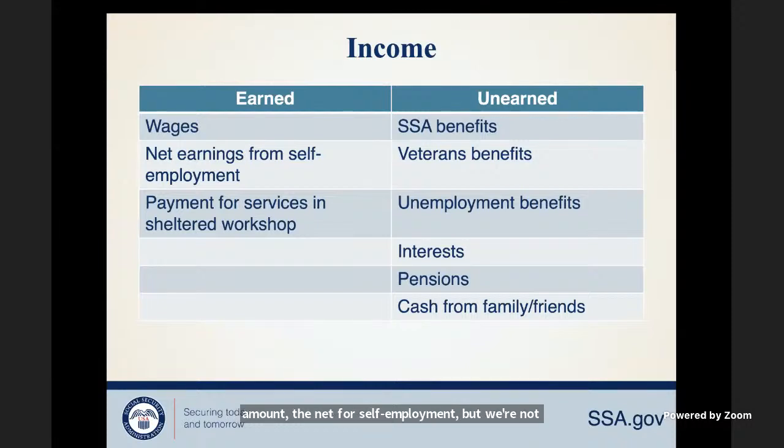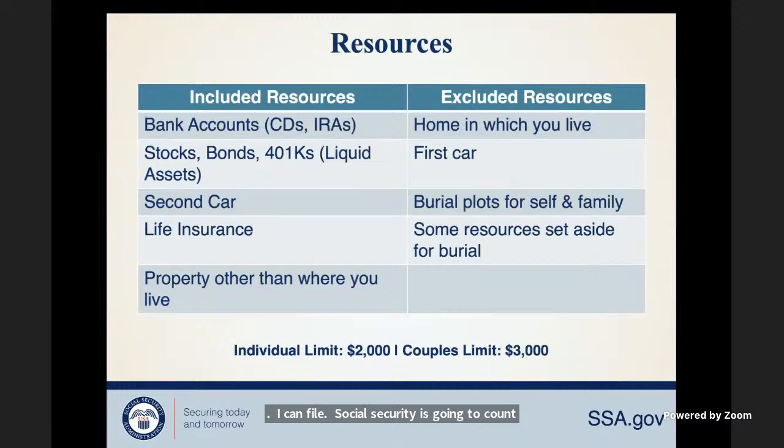It averages to about 50% is what we're going to count towards your income. So easy math, I make $1,000 a month from wages. It's under SGA, substantial gainful activity amount, I can file. So Social Security is going to count about $500 of that towards my income amount. So they still may qualify for SSI.